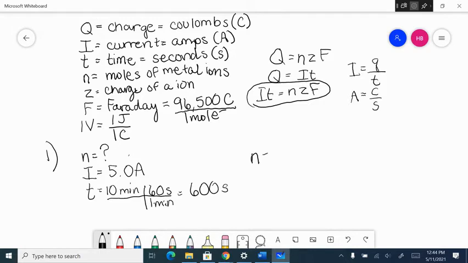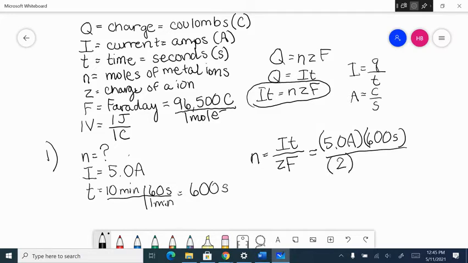So N is equal to IT over ZF. Let's plug in now 5 amps, which remember an amp is a coulomb per second, times 600 seconds, over the Z number, which is 2. That means that there's 2 moles of electrons for copper.